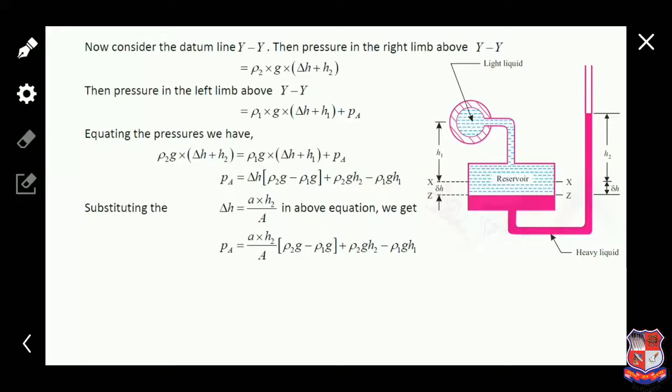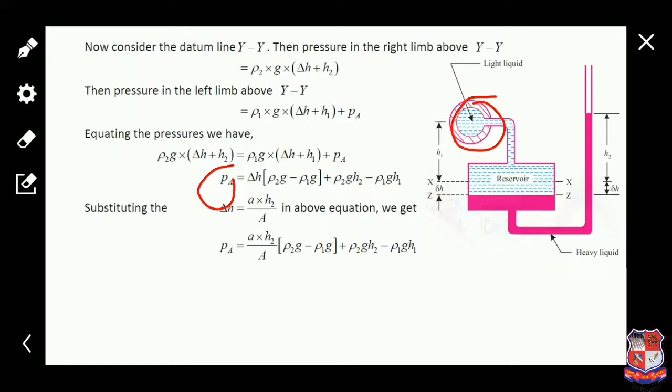Now comparing the pressure in the left limb and right limb, here is the right limb pressure and here is the left limb pressure. Now we have to find the pressure PA inside the pipe. So PA is on the left side of the equal sign and all other elements of the equation are moved to the right side.